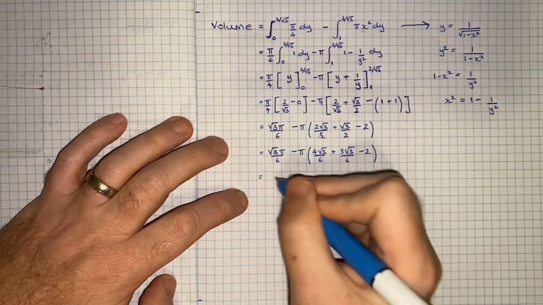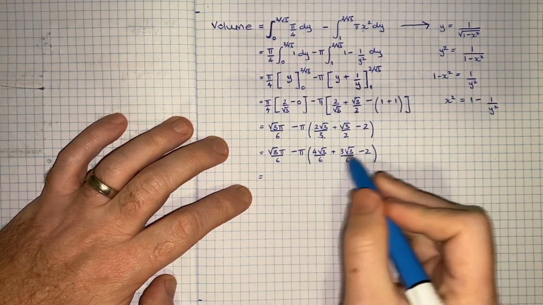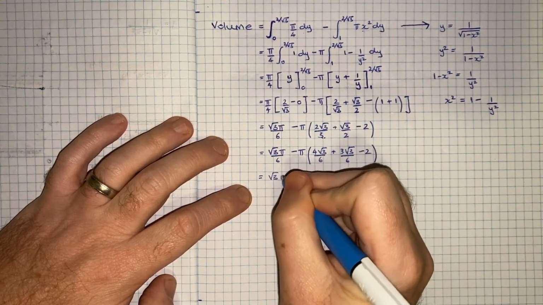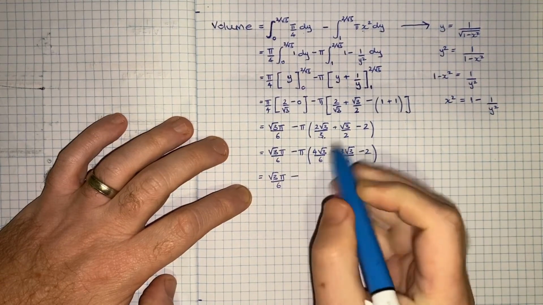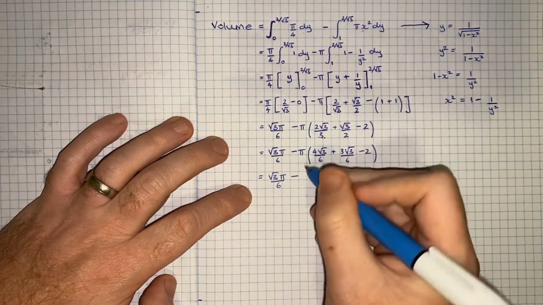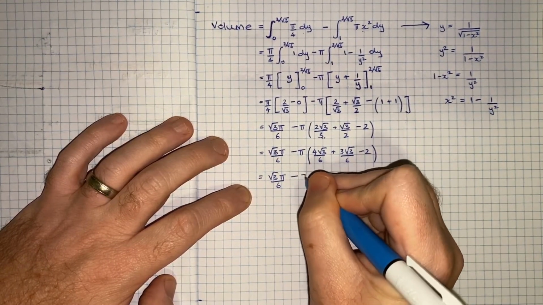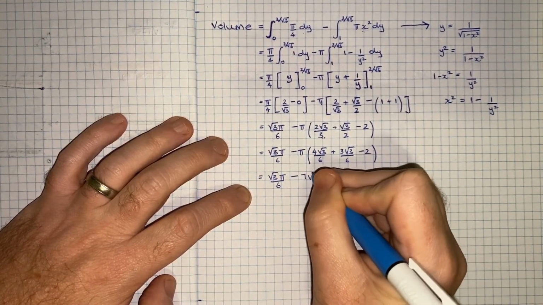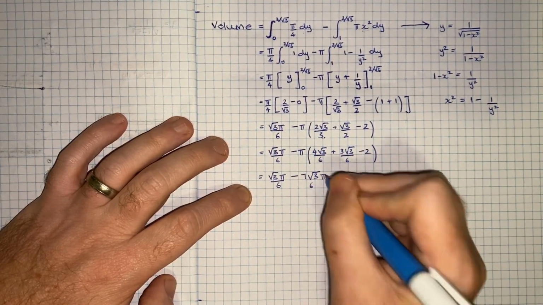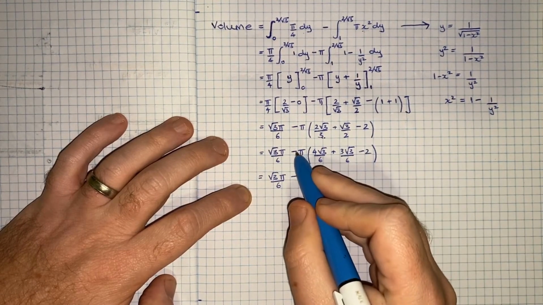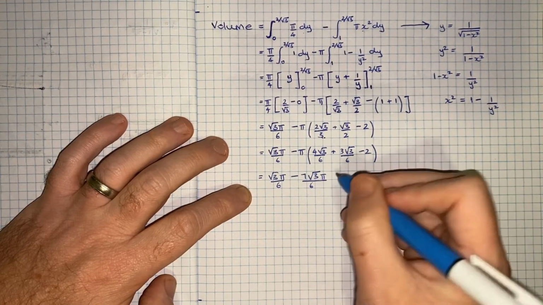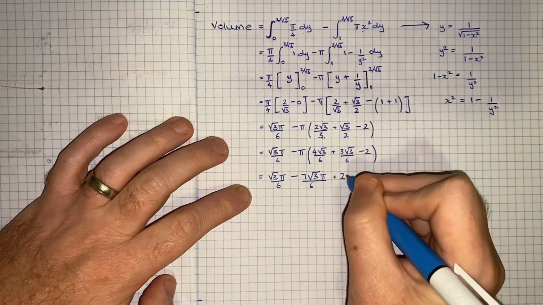So that's going to be, and here I might multiply out the pi as I bring these together. So we get root 3 pi on 6 minus, now the 4 root 3 plus 3 root 3 will be 7 root 3 on 6. So 7 root 3 on 6 times the pi. And then multiplying the minus pi through here, the minuses will become a plus, so plus 2 pi.